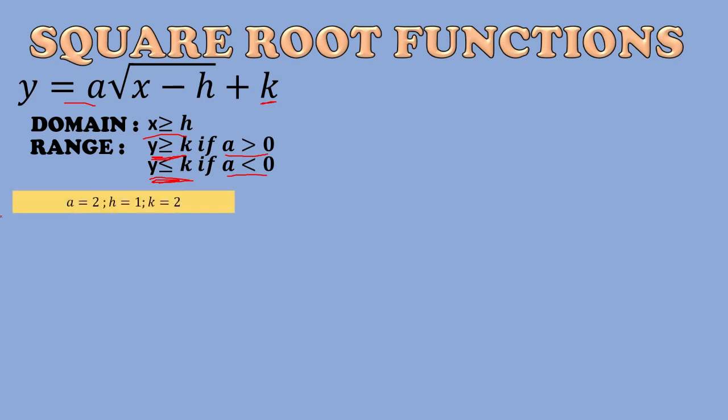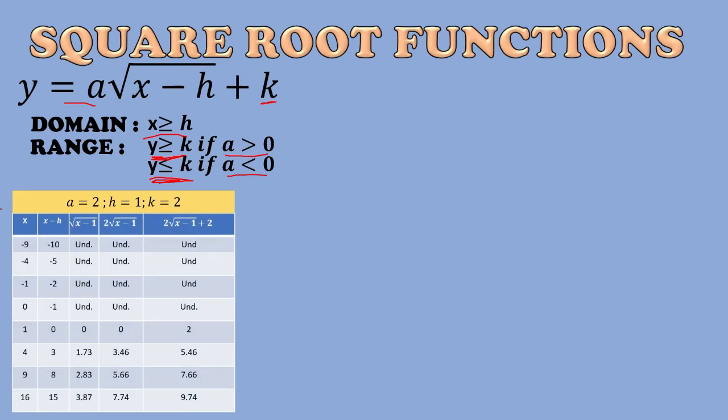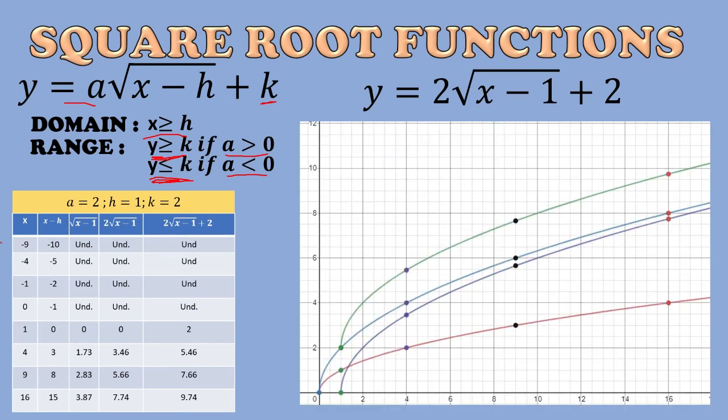In my example, I'm going to use a equal 2, h equal 1, and k equal 2. You create a table. When I make a graph, you see now in this example, the function in green is the new function in my problem.